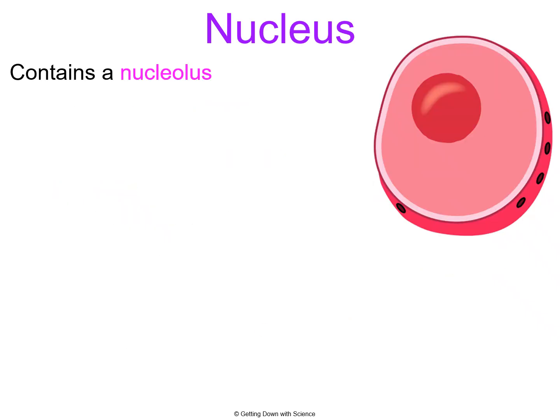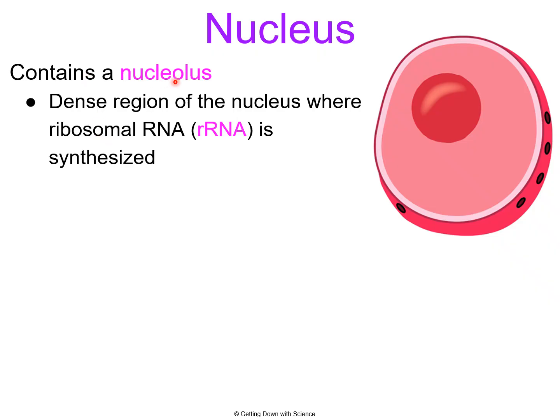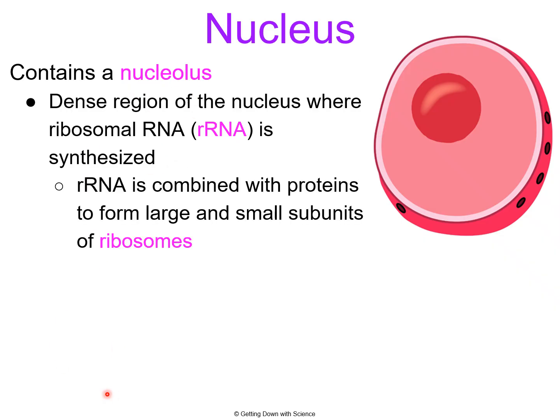The nucleus contains another innermost structure that is called the nucleolus. It's a dense region of the nucleus where ribosomal RNA is synthesized. So ribosomes are made in the nucleolus, and the ribosomes make proteins.